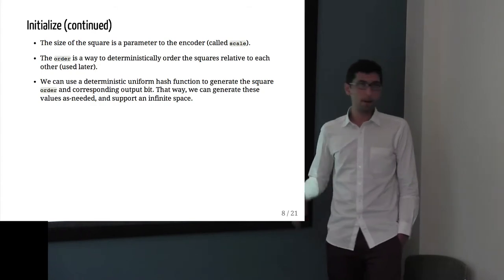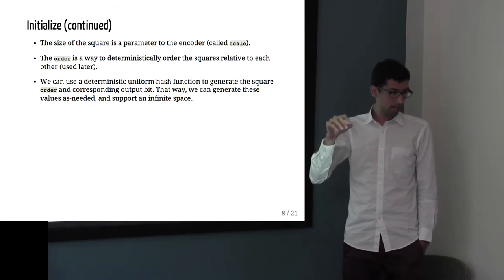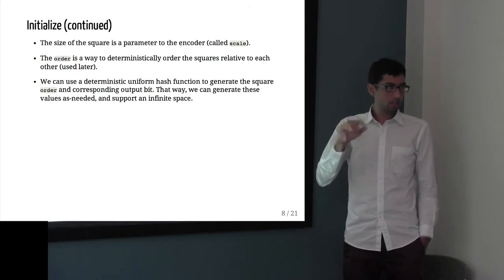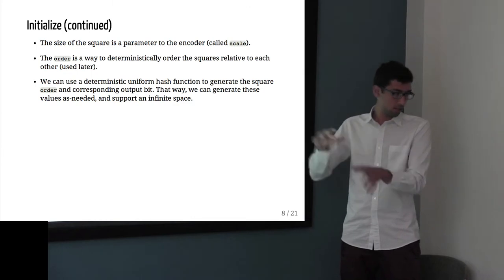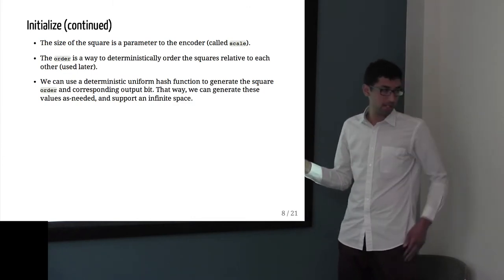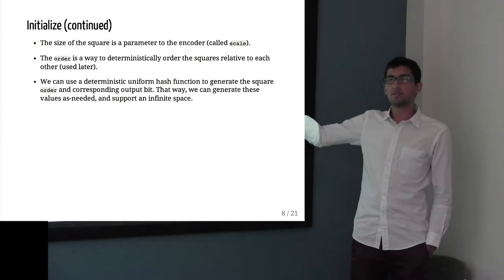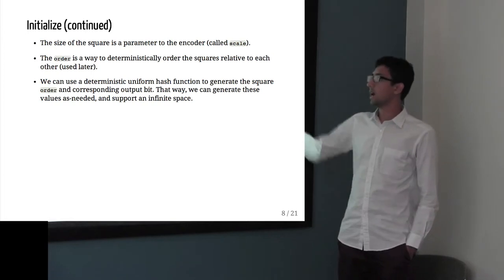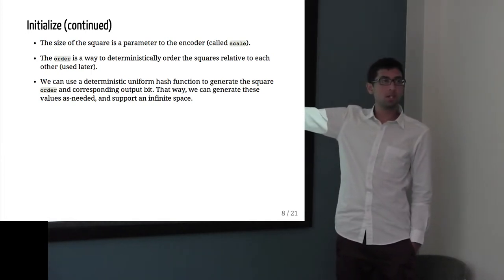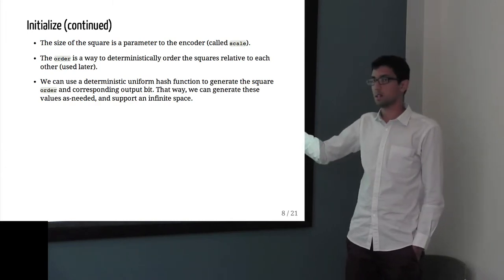Yeah, but there should be no relation between the values, like adjacent squares or faraway squares. They should all just be, in that sense, random. But it is a deterministic hash function. The reason we need a deterministic hash function is so that the same square will always get the same values. And this is an optimization that allows us to scale to infinite spaces. And you'll see more details on that later.